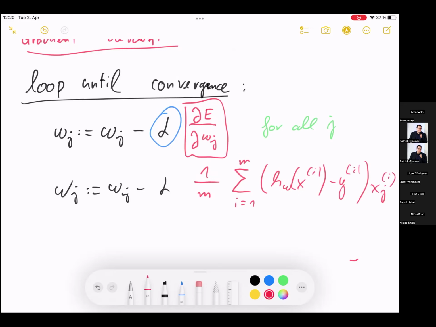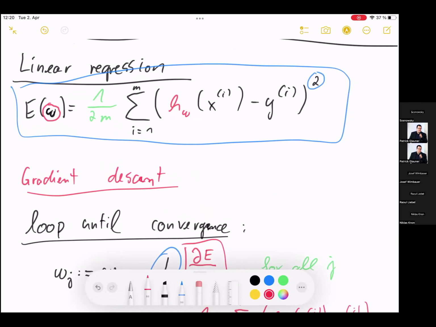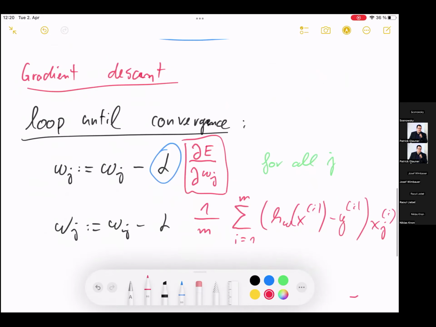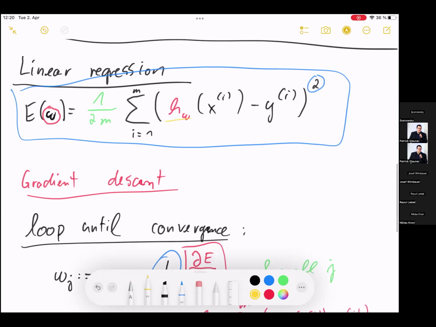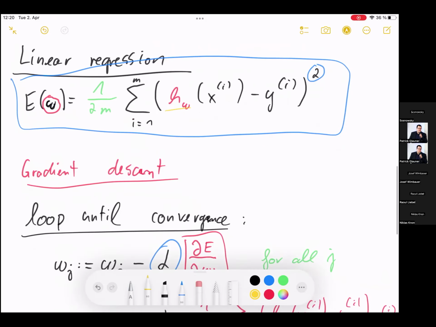This is something you can simply derive on your own if you take the partial derivatives of this term here. This x^(i) back here will come from when you look into the hypothesis, which is here, and take the partial derivative of that part, and this will fall off.